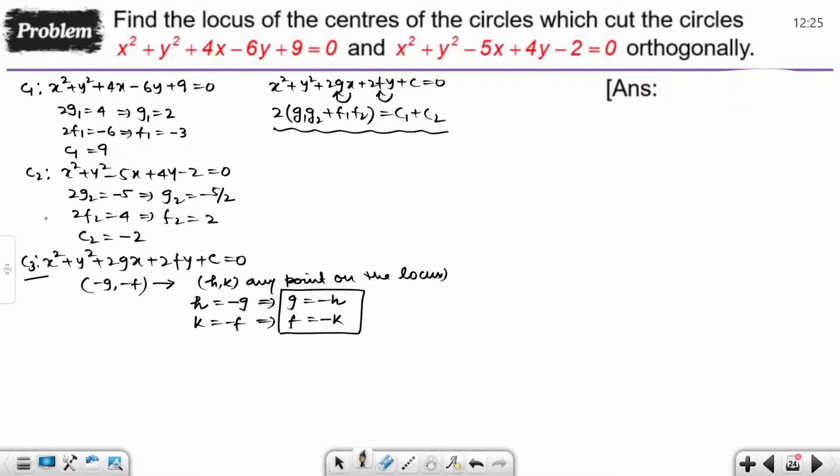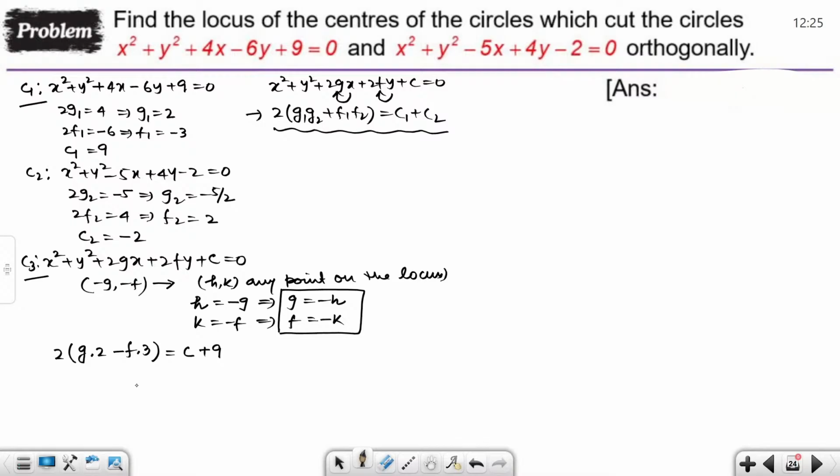Now C3 and C1 will intersect each other orthogonally when I apply this condition: 2 times (g into 2 minus f into 3) will be equal to c1 plus c2, which is nothing but c plus 9.